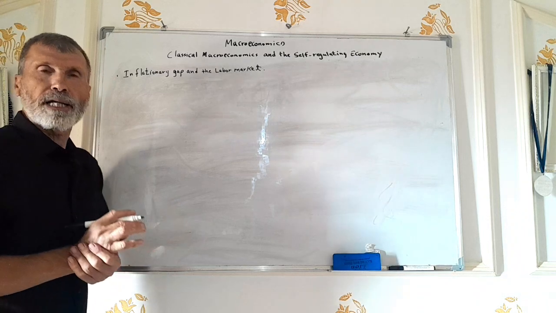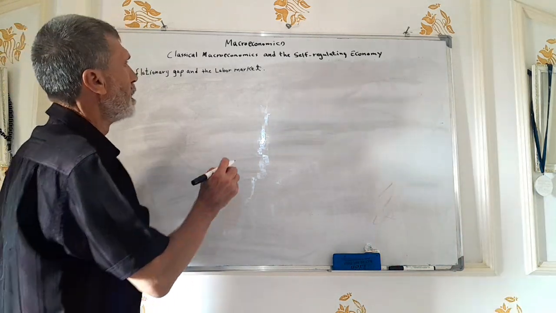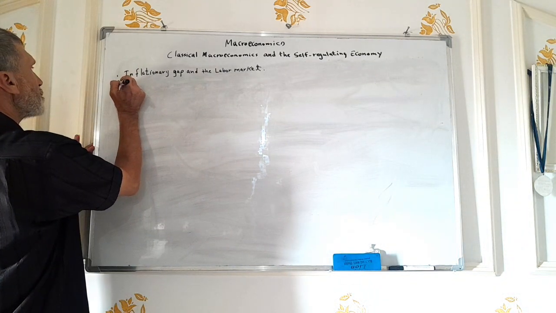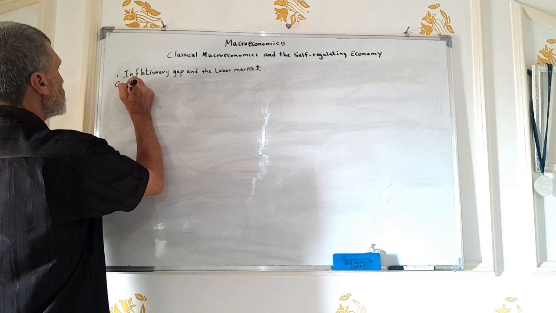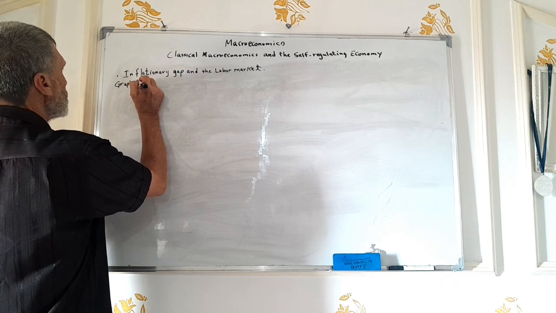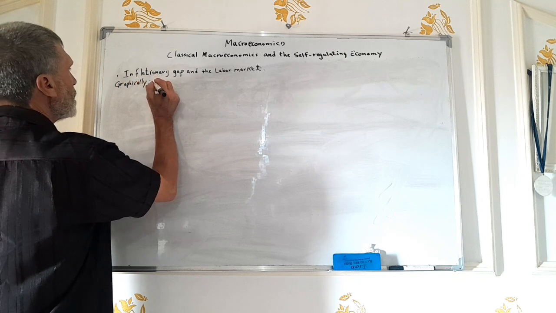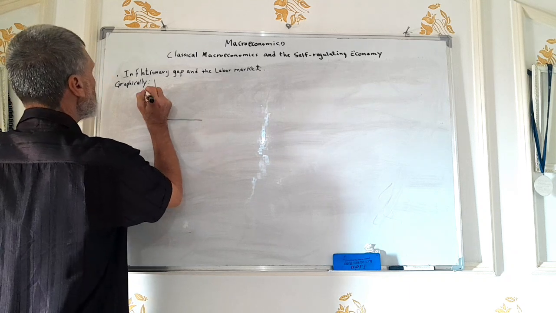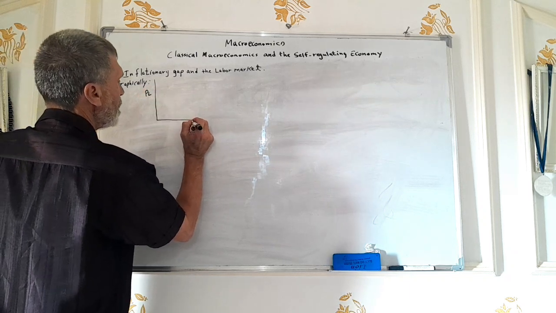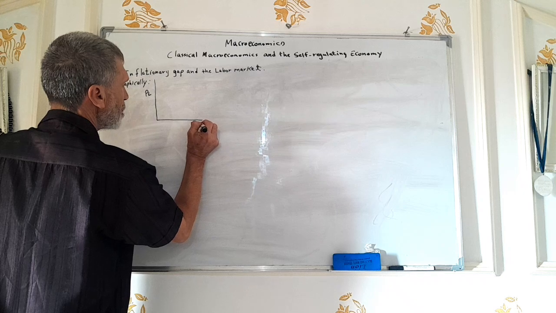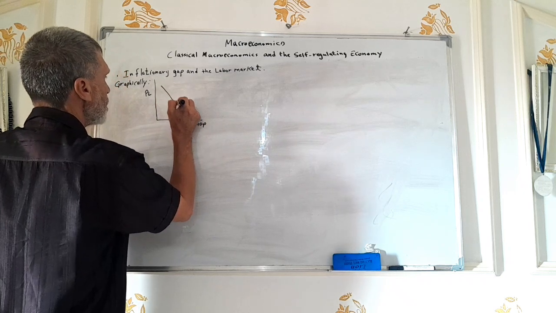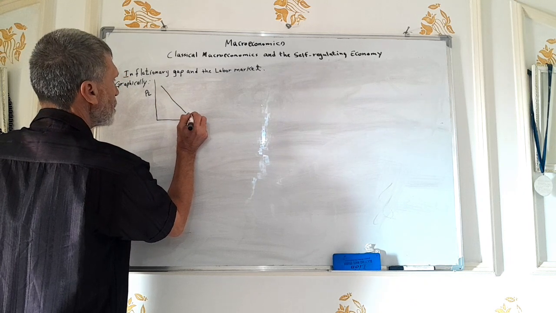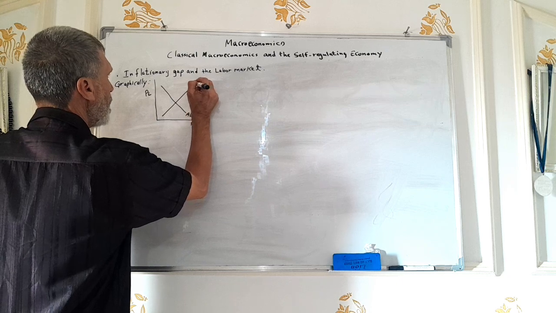Okay, we can see that graphically. Graphically, this is the state. This is the price level. This is real GDP. This is aggregate demand. This is short-run aggregate supply.